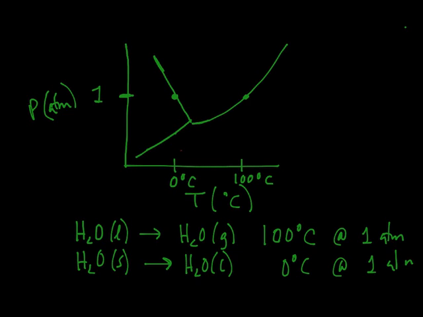Okay, so again, right at this point here, we have the boiling point of water, and at this point here we have the melting point of water. How about all those other positions on the line? Well, that means that different pressures will have different boiling points and melting points for water.